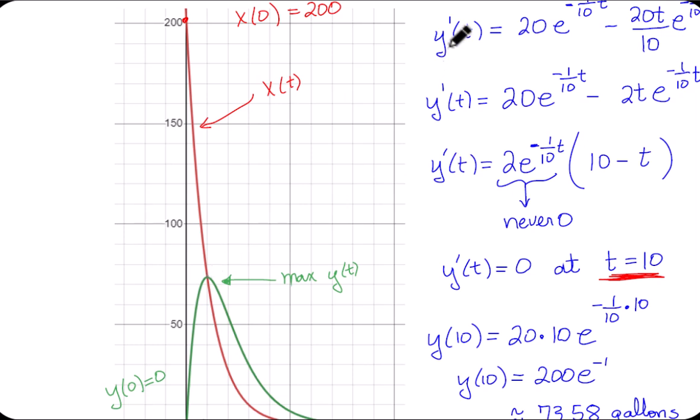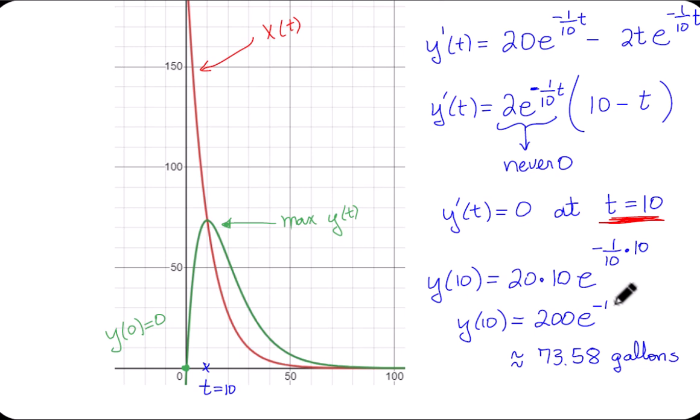That's when y prime is 0. So I find y prime and try to set this equal to 0. This exponential is never 0. So the only thing that could be 0 is this part, and that happens when t is 10.